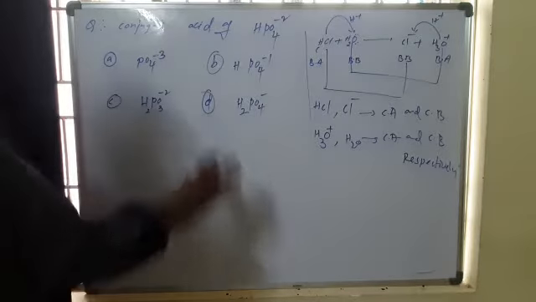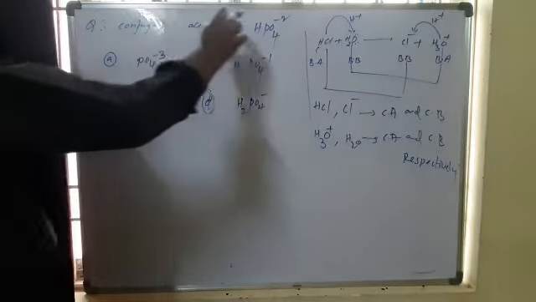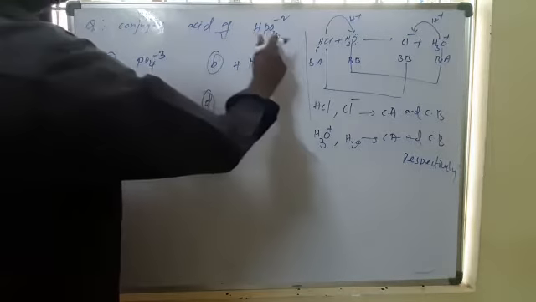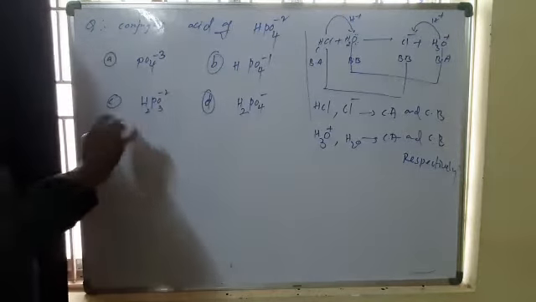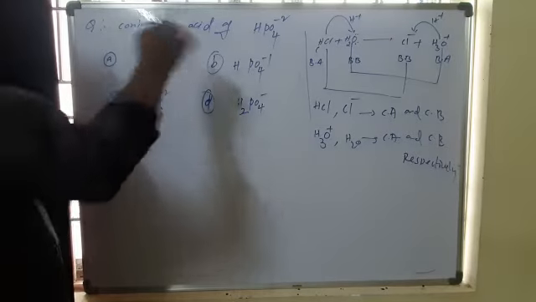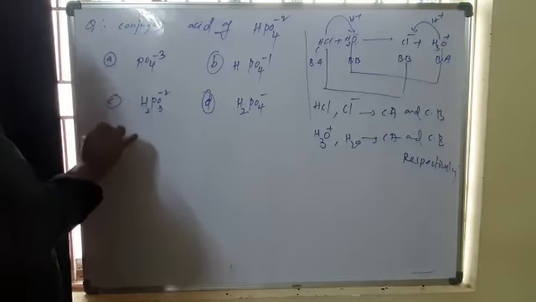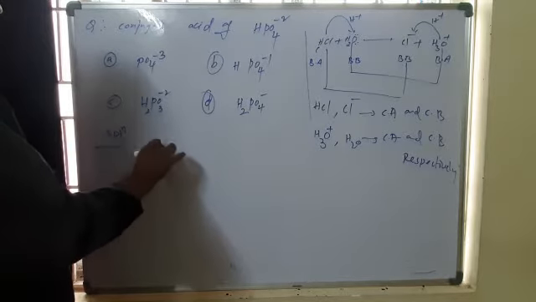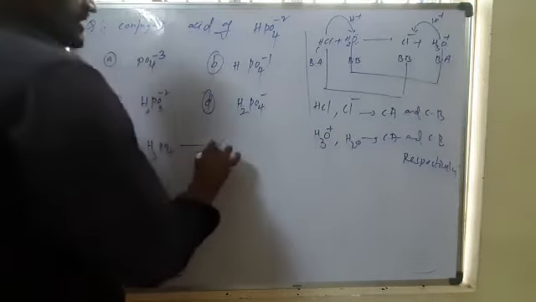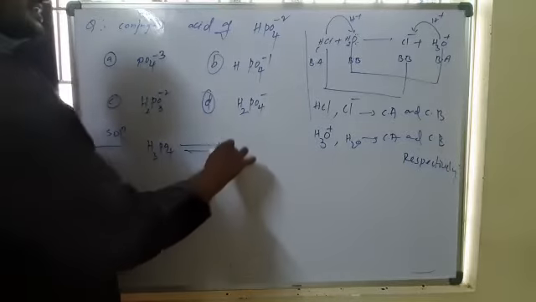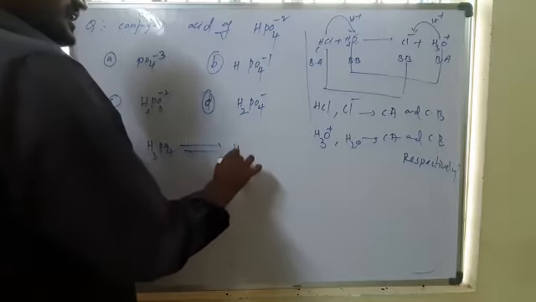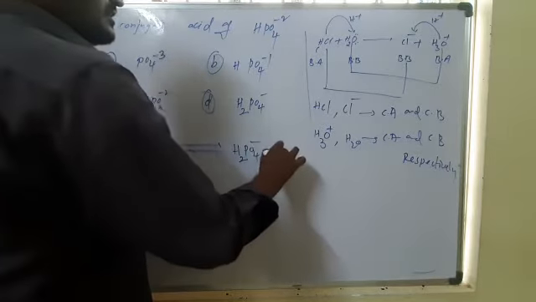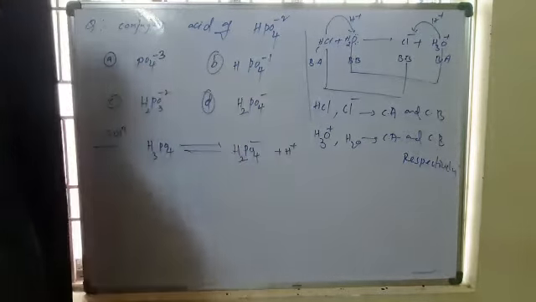A previous type of question: the conjugate acid of HPO4 minus 2 ion. This comes from phosphoric acid. H3PO4, when it donates an H plus ion, gives H2PO4 minus and H plus.